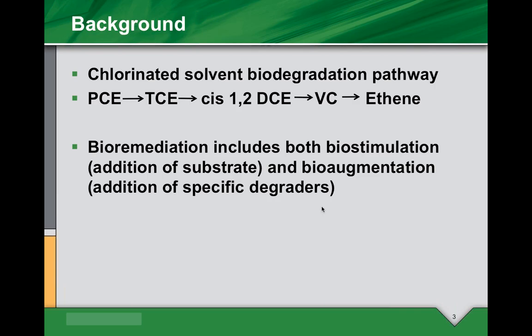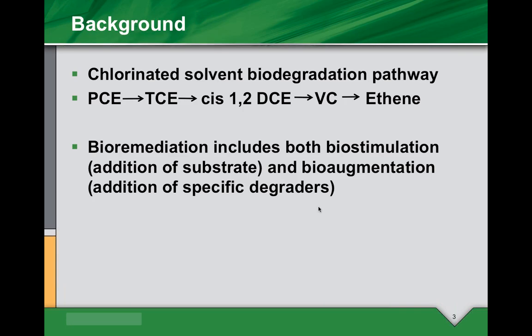Now you'll see in our subsequent slides that we just used the abbreviation DCE because we've summed all the DCE isomers detected. Another chlorine is removed, and we have the final chlorinated product, which is vinyl chloride, or VC. Then the ultimate end goal of reductive dechlorination is the innocuous end product, ethene, and then also ethane. You'll also see in our presentation that we have summed ethene and ethane.